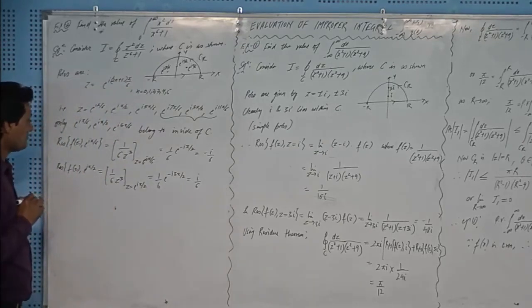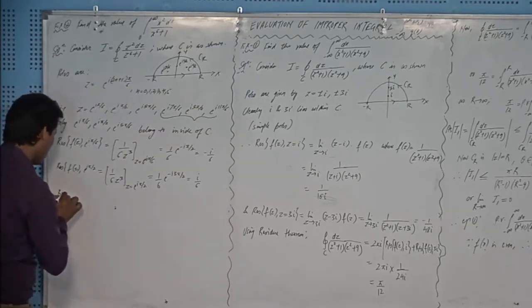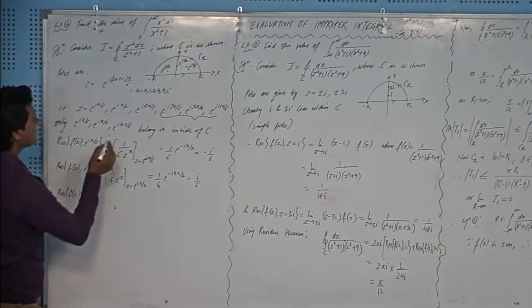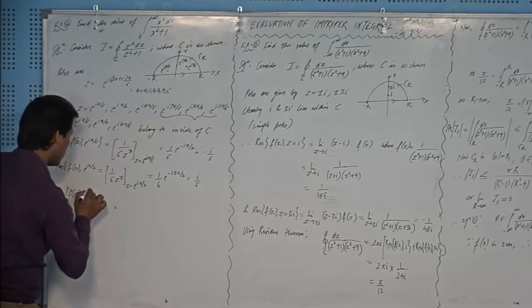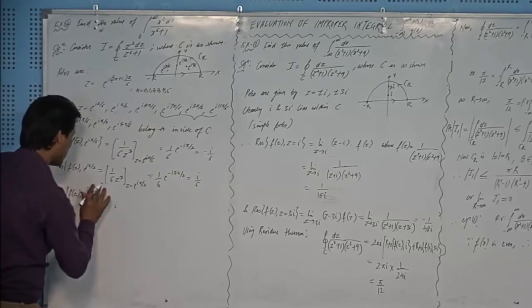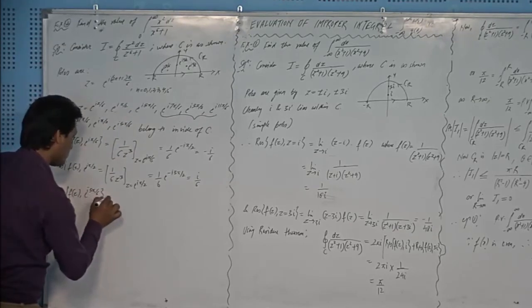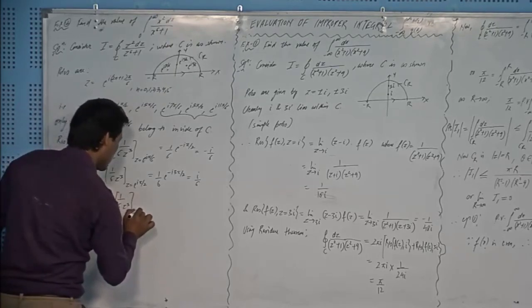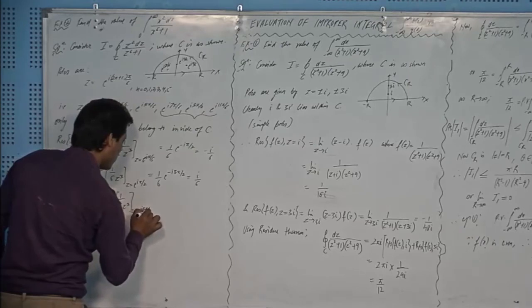And the third one, residue of F(z) at e to the power iota 5 pi by 6, is equal to 1 over 6 z cube at z equal to e to the power iota 5 pi by 6.